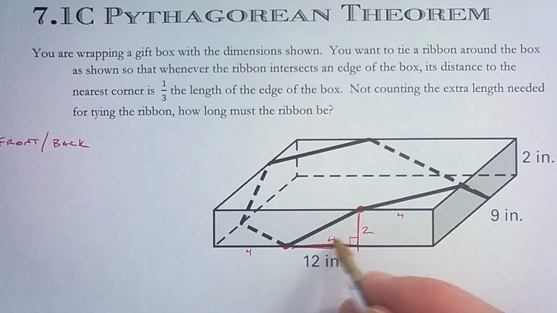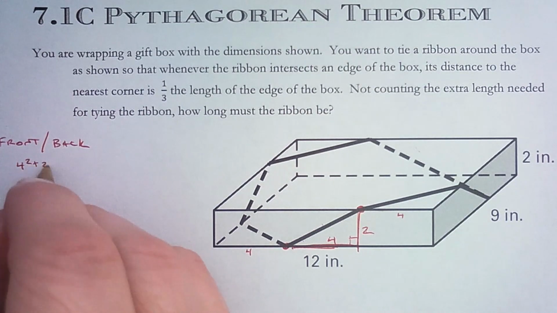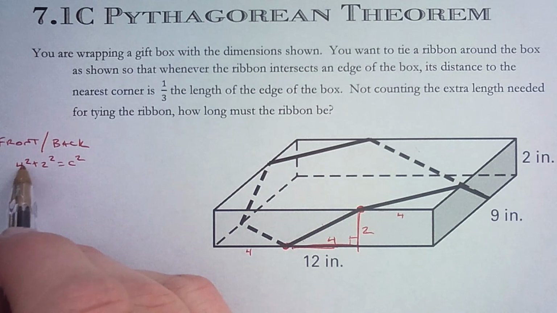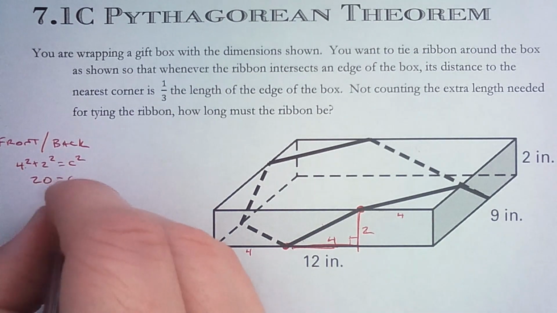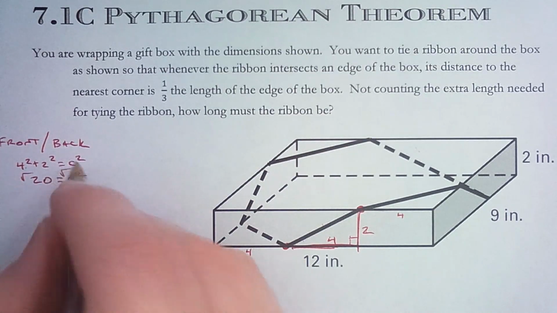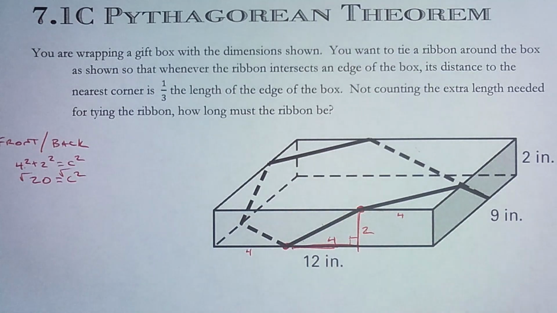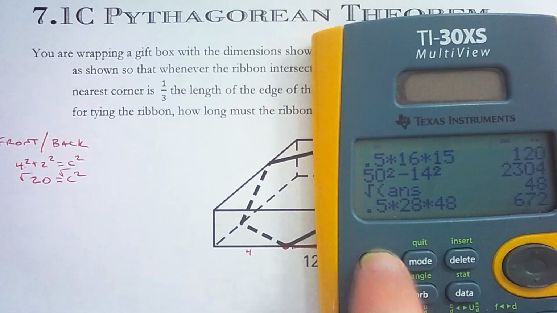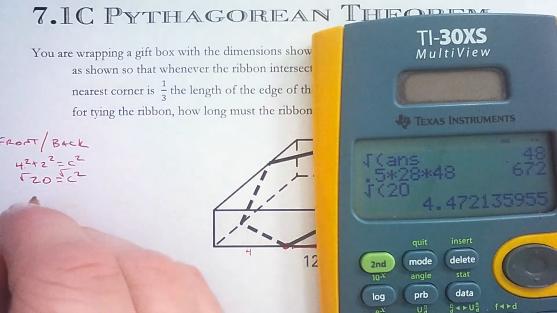So I can do 4 squared plus 2 squared equals c squared. So 4 squared plus 2 squared, that's 16 plus 4, that's 20. So 20 equals c squared, and we do the square root. Now this is a real-world example dealing with measurements, so we are going to get an approximate answer for this. So the square root of 20 is, and we'll keep 2 decimal places, 4.47.